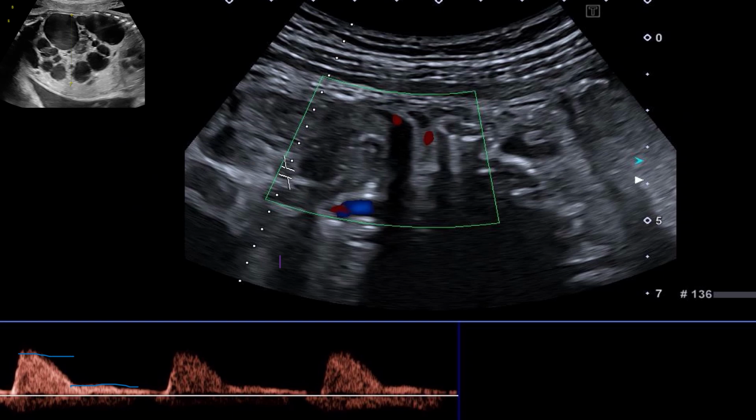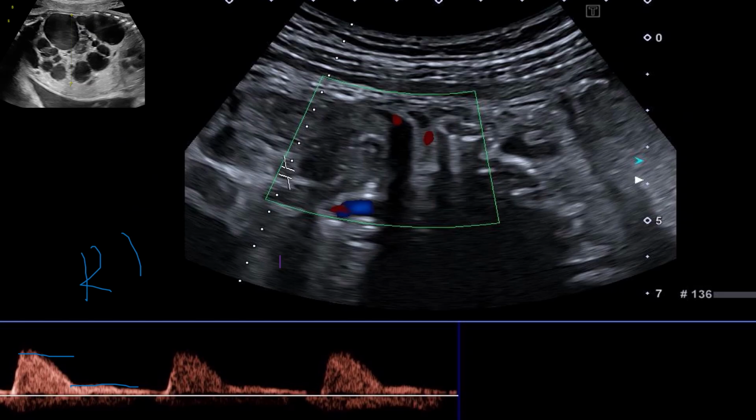For some, it's even difficult to measure the RI on an adult patient, to pick the signal from a renal artery, but you can see that we're able to do it in utero itself when you optimize the image nicely.